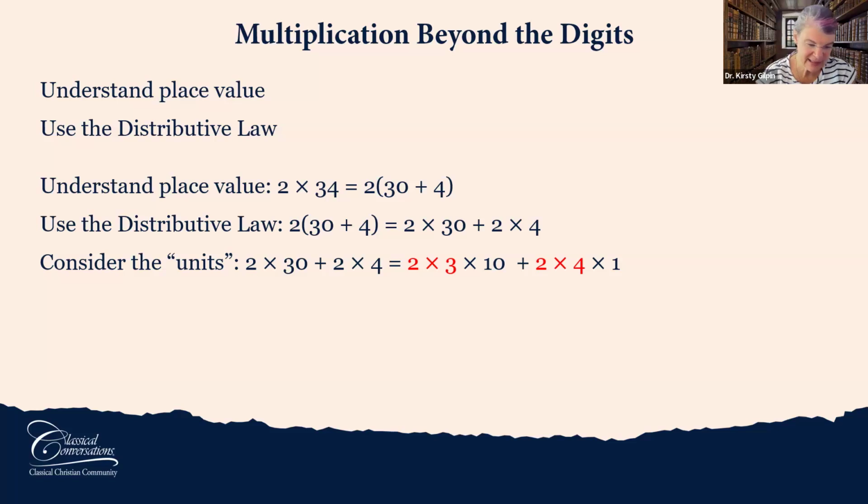Here you can see that I did it at this stage, and I could have done it sooner, but at this stage I broke this out so that I could see my units. My units in this case are tens, and my units in this case are ones. So now I don't need to worry about my units yet. All I need to worry about is what's in red, 2 times 3 and 2 times 4. So 2 times 3 is 6 tens, and 8 ones. That's my 60 plus 8, or 68, right?